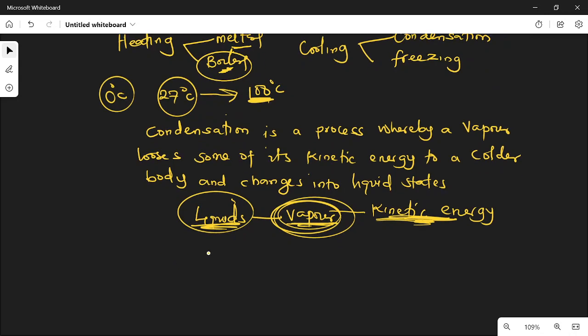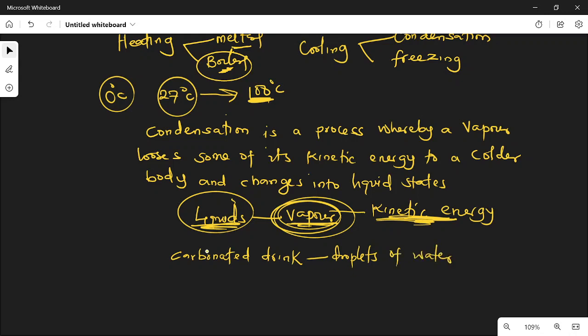And that's what happens when you bring a carbonated drink, maybe your Pepsi, out of the refrigerator. After some minutes, you'll see droplets of water around that particular carbonated drink. Droplets of water. What's the meaning?